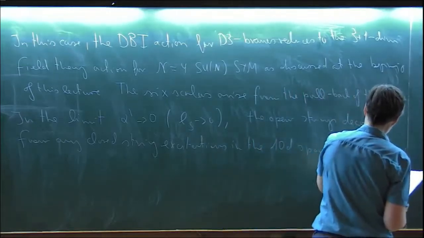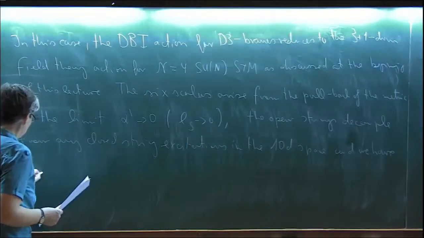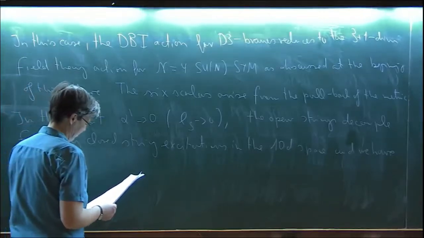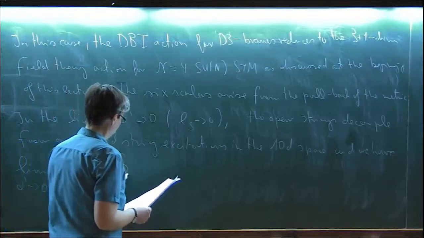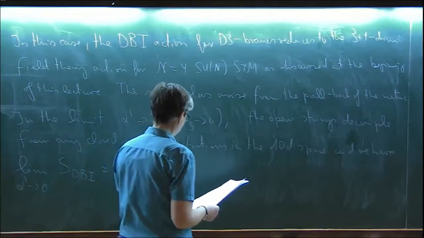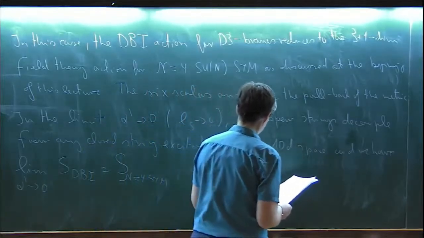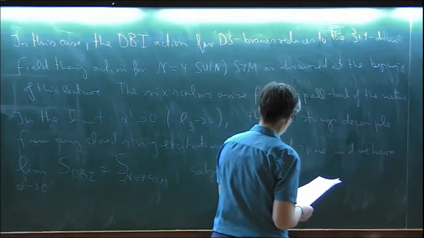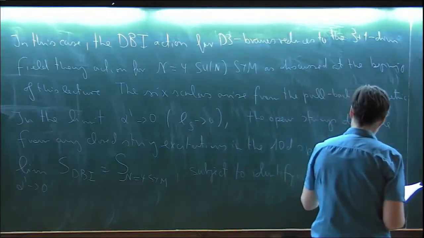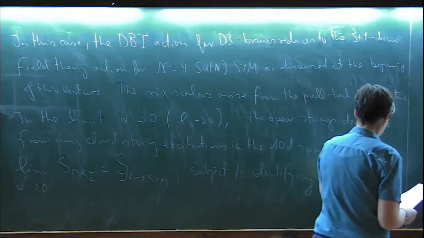And so the limit alpha prime going to 0 of this DBI action is the action of N=4 super-Yang-Mills, subject to identifying the string coupling with the Yang-Mills coupling, g_YM squared with g_s. In fact, 2 pi g_s.